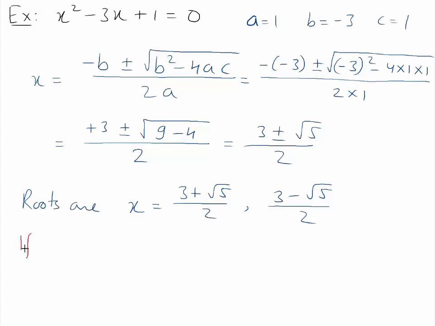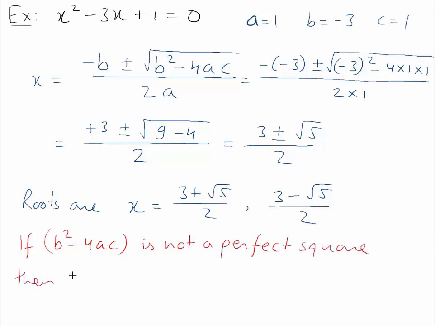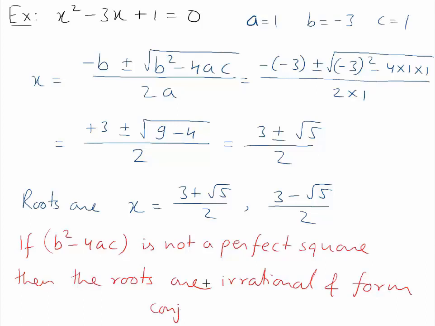That is, if b square minus 4ac, which is the term inside the root, is not a perfect square, then the roots are irrational because these have roots in them, and they form a conjugate pair. Three plus root 5 and 3 minus root 5 are conjugates of each other.